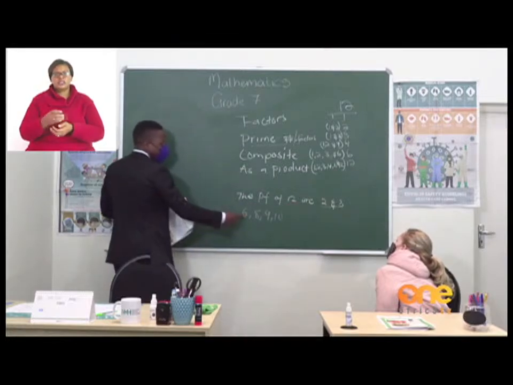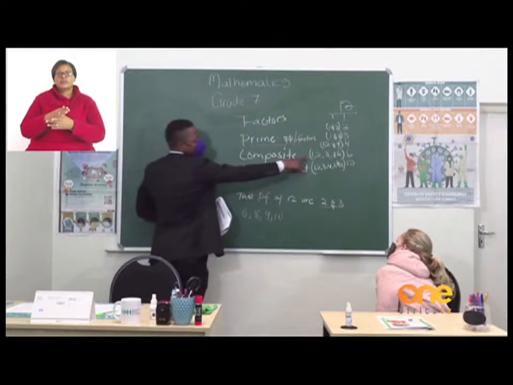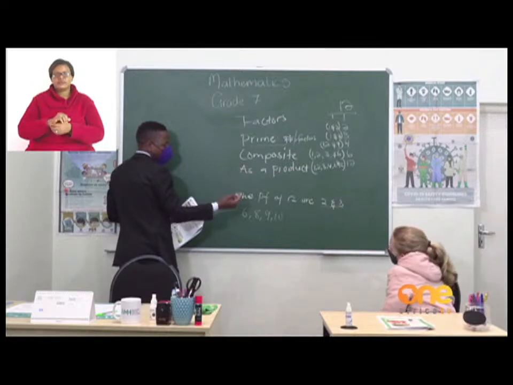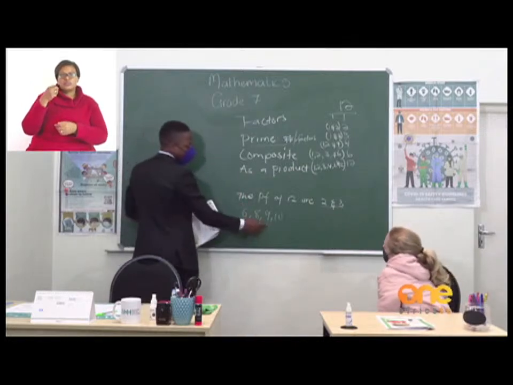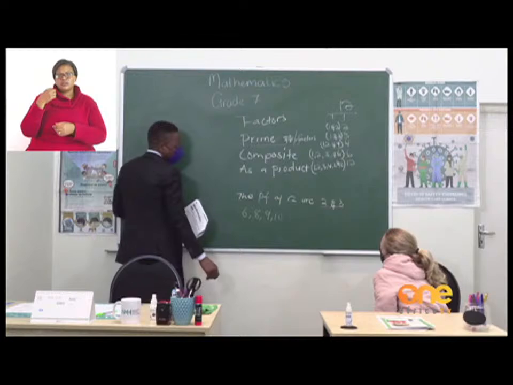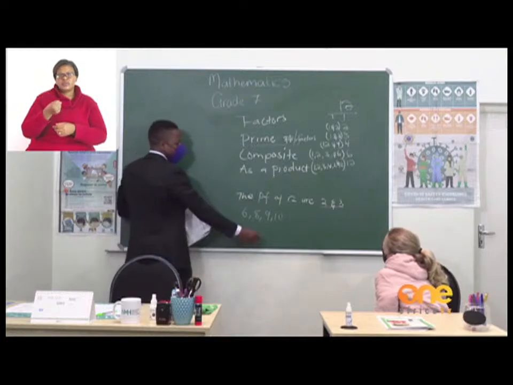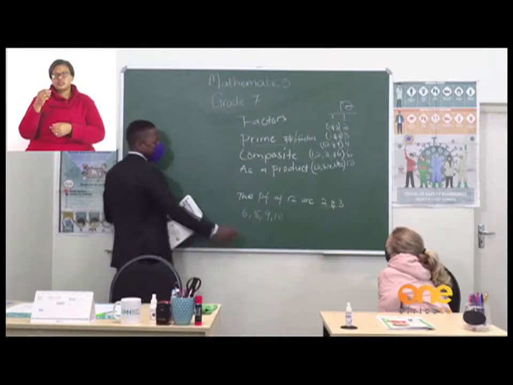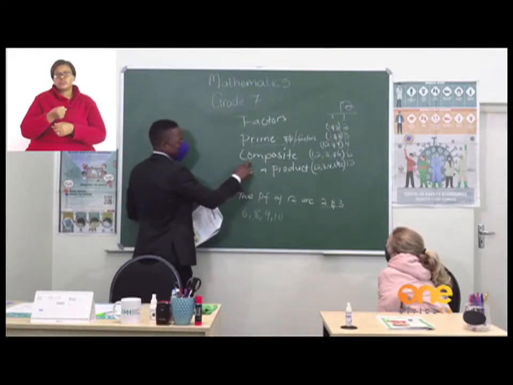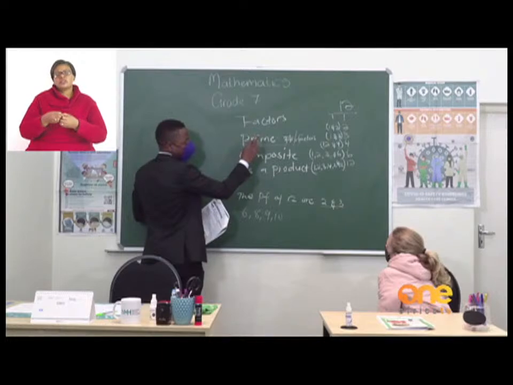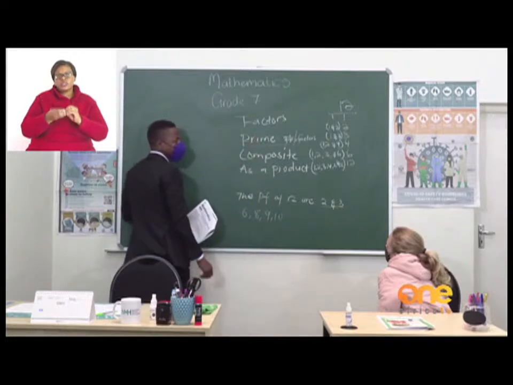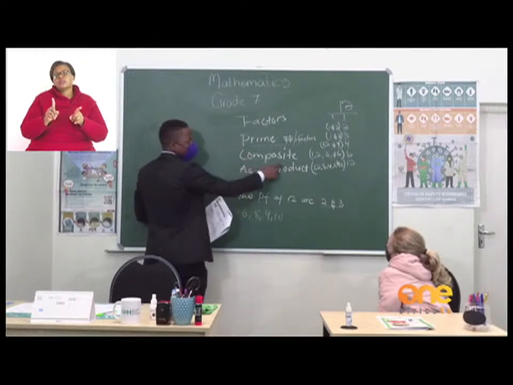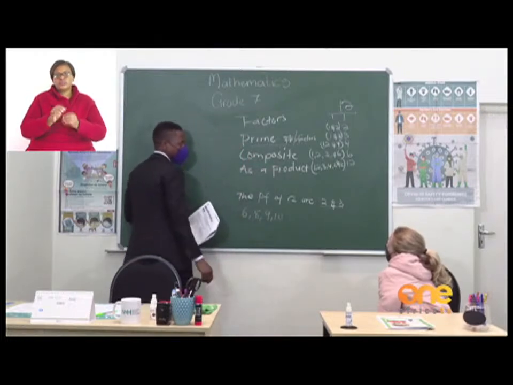Because 6 has all these factors. 8 has factors 1, 2, 4, and 8. 9 has 1, 3, and 9. And 10 has 1, 2, 5, and 10. So composite numbers are the opposite of prime numbers. The prime numbers have two factors. The composite numbers have more than two factors.